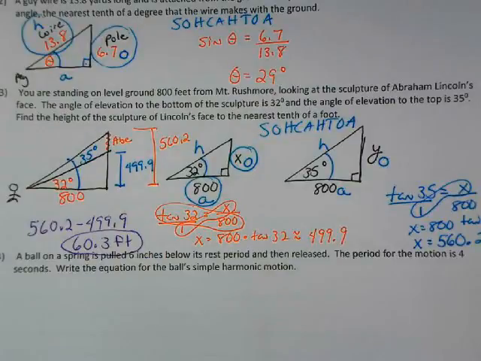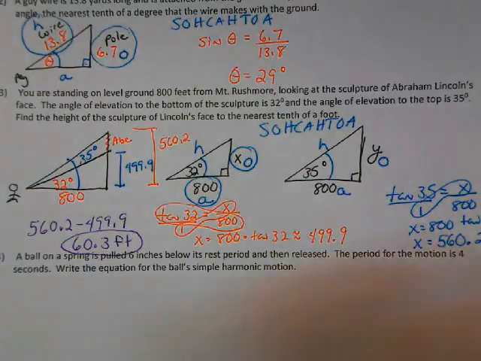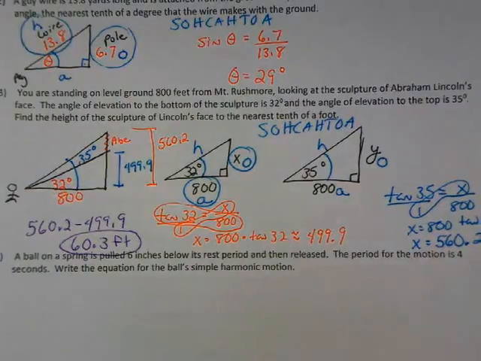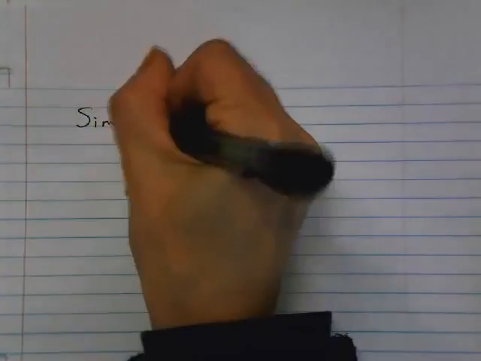Now, the next two are going to be a little bit trickier because now we're talking about harmonic motion. So what I want you to do is go ahead and put this note sheet away for a minute, and let's take some notes on simple harmonic motion. All right, simple harmonic motion.